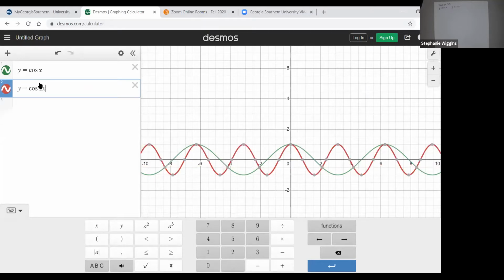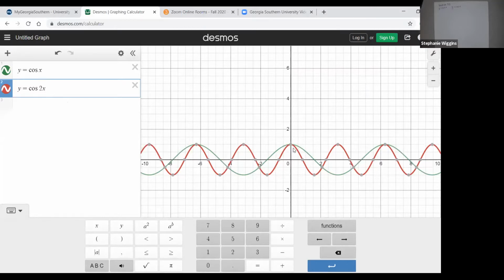So the only difference between my two functions is this 2. That 2 multiplied in front of the x compresses the function horizontally. So basically, when you multiply by 2, it means you're going through your cycle twice as fast.